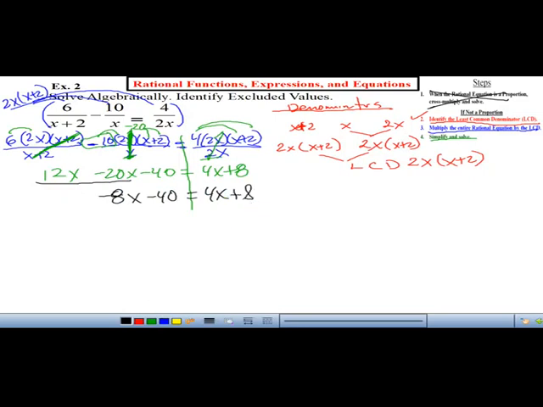Let's get all variables to one side. So I add 8x, add 8x. We're left with negative 40 equals 12x plus 8. Continue. Michael, what do I do from there? It'll be 0 equals 12x minus 32.